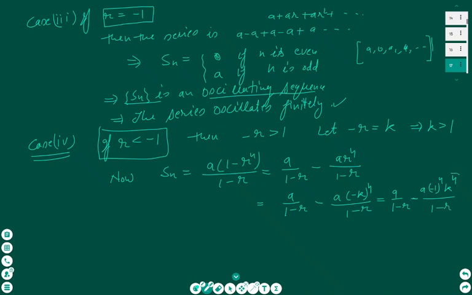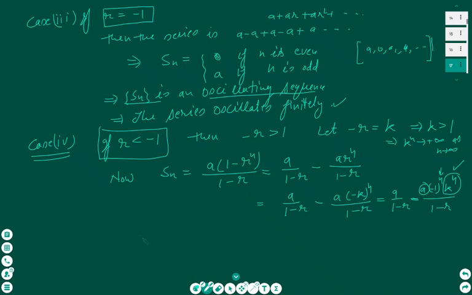Now k raised to the power n, all right, this implies k raised to power n will approach plus infinity as n tends to infinity. So this k raised to power n approaches plus infinity as n tends to infinity, and also you have minus 1 to the power n here, and a can be positive or negative, all right.